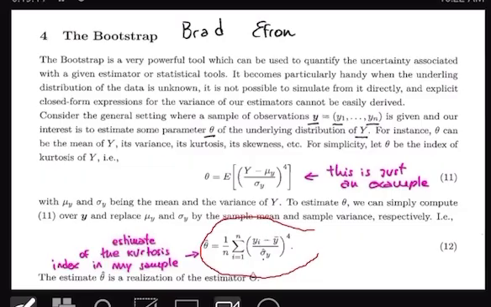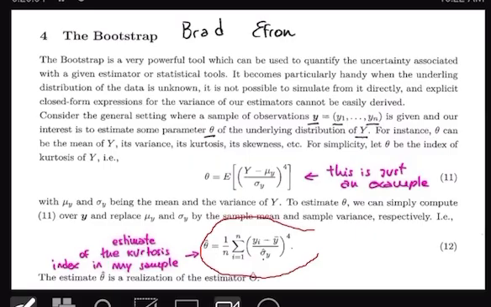Then I want to know the performance of my random variable. Because I want to measure the uncertainty, since it's going to give me different values, there's room for uncertainty. How do I measure the performance of that?